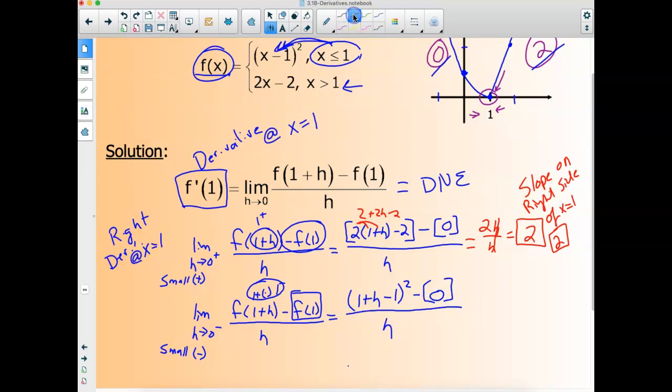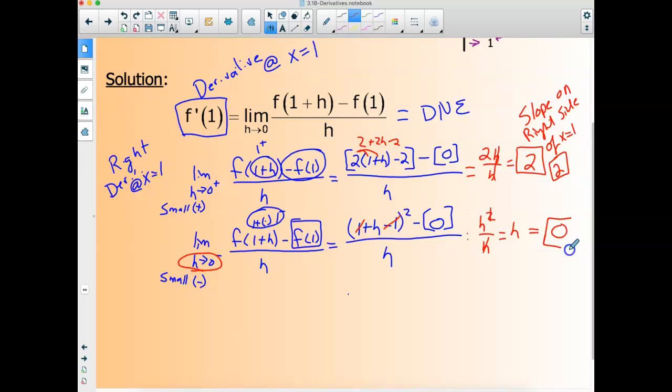Cleaning this up, that gives me h squared over h, which reduces to h. Now we take our limit as h goes to 0, so that limit is 0. The interpretation is that's the slope on the left side as I approach 1.